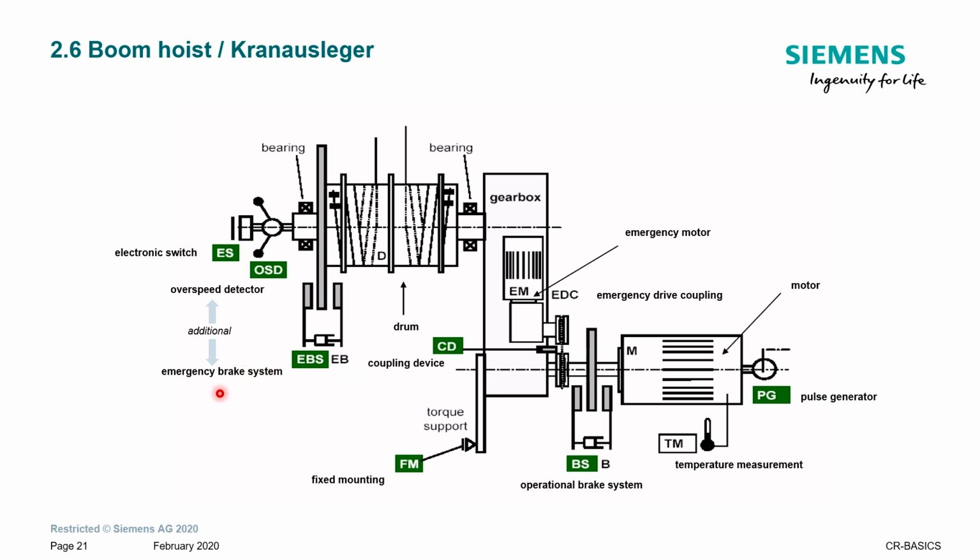And this is because you never want to have that a boom in the raised position, you lower it and it will get overspeed and you do not detect it and cannot brake it with the emergency brake. You will damage your crane if this would happen. Therefore, here is addition the overspeed detector, that you detect the overspeed, and the emergency brake system directly connected to the drum of your boom hoist.